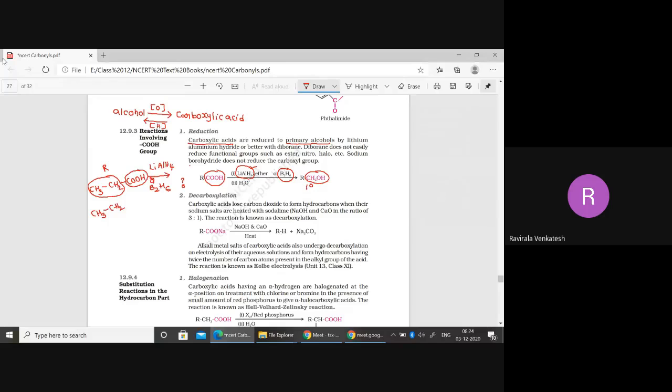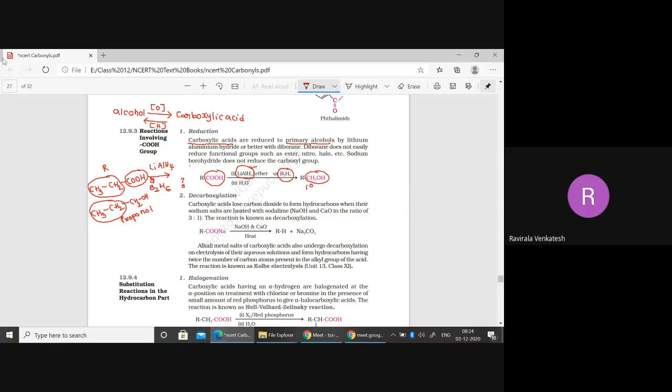RCOOH converts into RCH2OH. This is called propanol. In this way, you can write n number of examples.